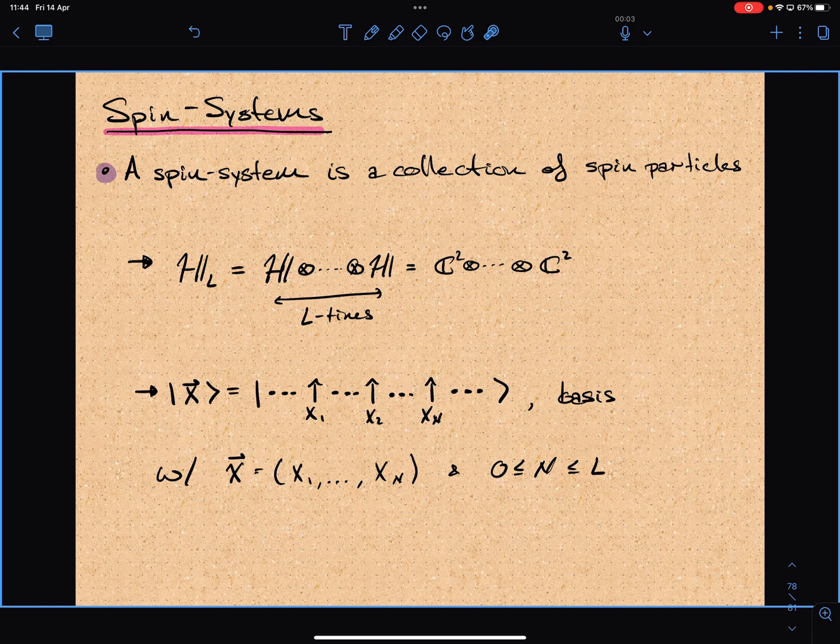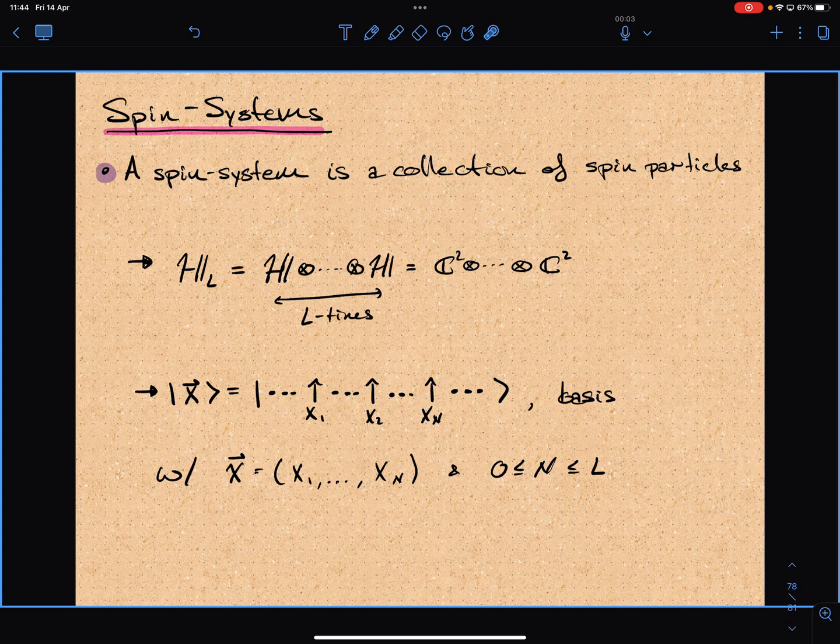I'm going to wrap up soon. So we talked about one spin particle, but we can look at collections of spin particles, and that's called a spin system. And as we saw in the postulates of quantum mechanics, if we look at a collection of different particles or different systems, then it corresponds to a tensor product of the Hilbert spaces.